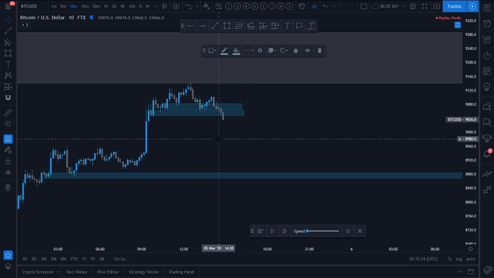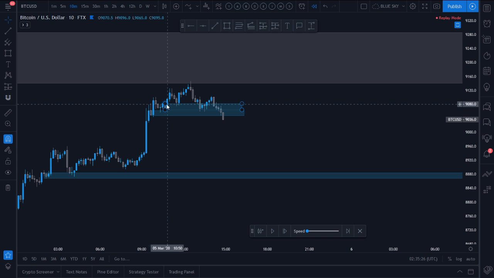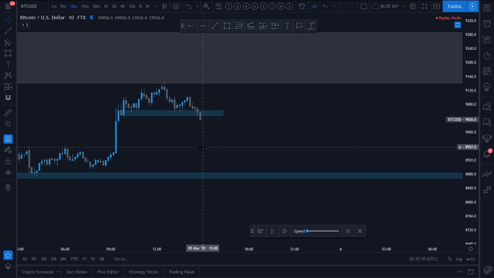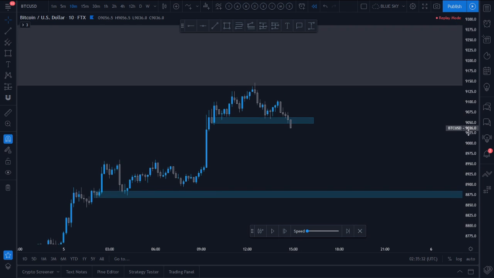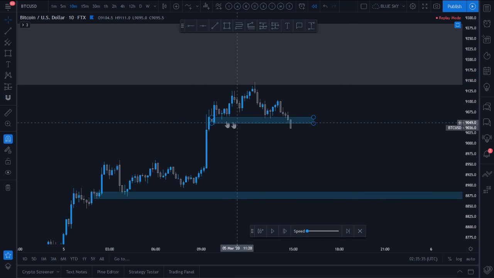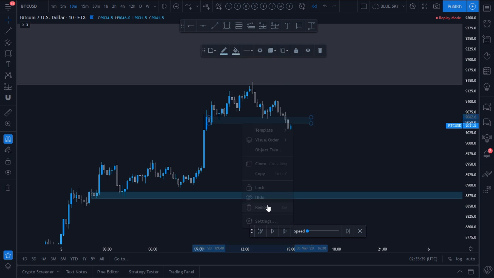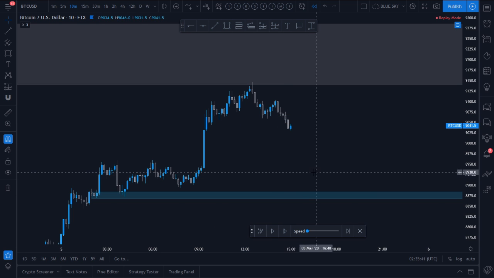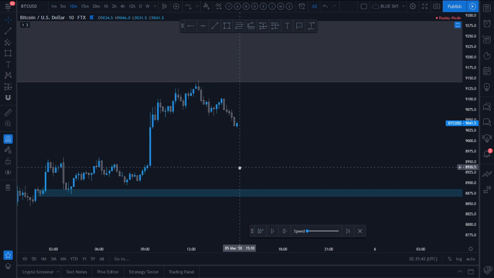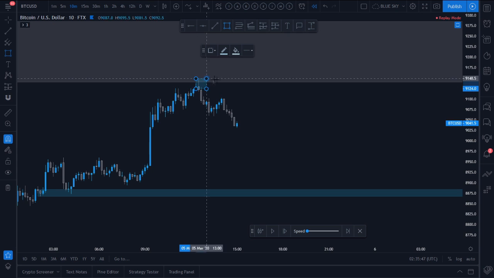Okay, price broke through this demand zone, so this is no longer valid. That demand zone had no more value, so I did remove it. Just like this one, price broke through this, so this is not valid anymore, invalidated. But what we have here now, guys, is a new supply zone.